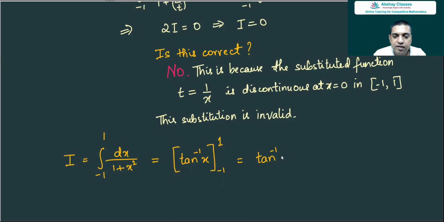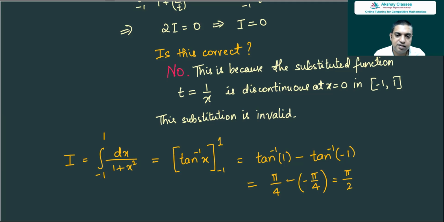So tan inverse of 1 minus tan inverse of minus 1. So tan inverse of 1 is pi by 4 minus of minus pi by 4. So this is pi upon 2 is the answer. This answer is the correct answer. What we got earlier is wrong.